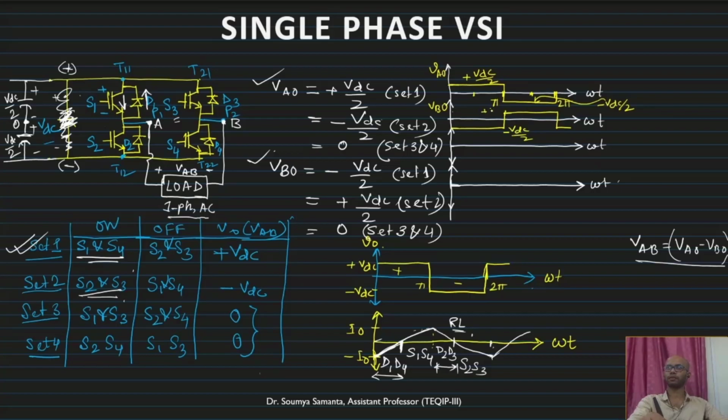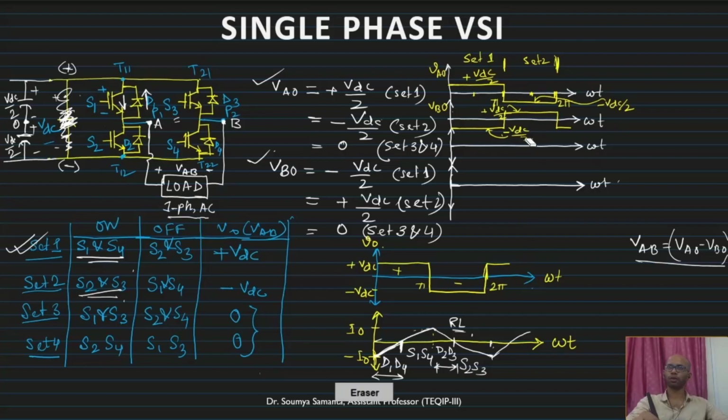This is plus VDC by 2. This point. And this is this. Okay. So this is the B pole voltage. Initially for the first half, this is whatever I have given. This is basically for the half cycle. Then the whole thing switches for the next half cycle. That is for set 1 and this is for set 2.